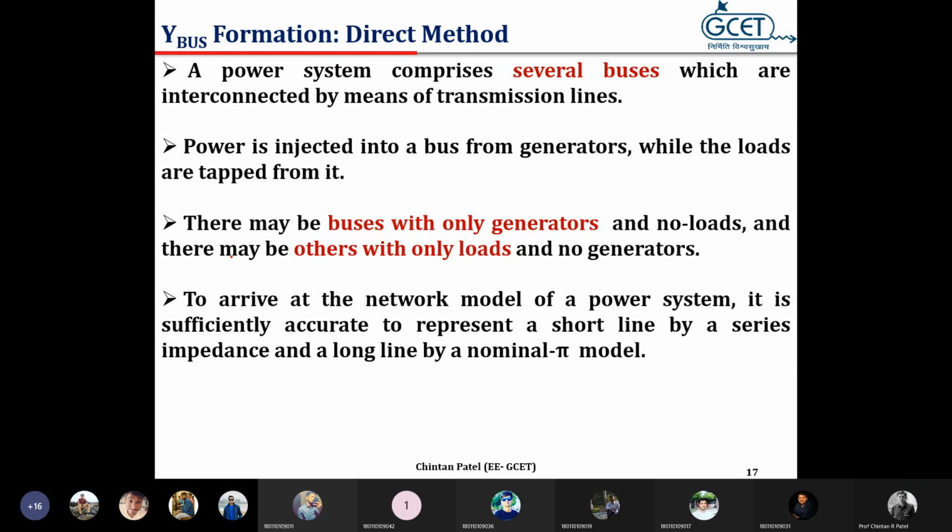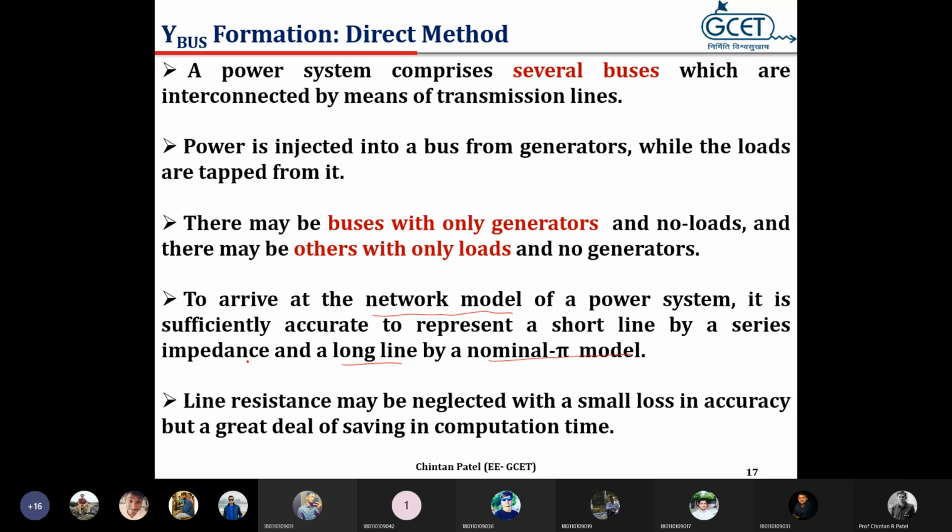So to represent the power system with the help of a mathematical model, which is known as the network model, it is sufficiently accurate to represent a short line by a series impedance. You have studied short line representation, medium and long, whereas the long line is represented by the nominal pi method.